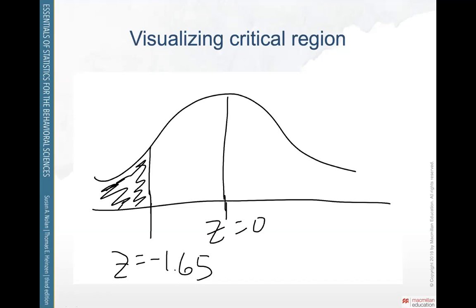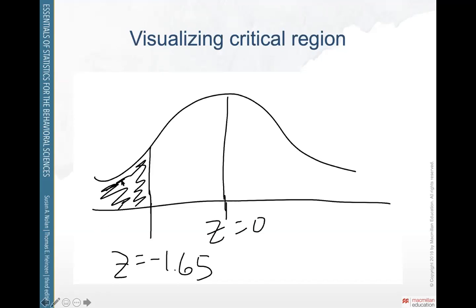Someone tell me, would we accept or reject the null hypothesis? Reject. We would reject the null hypothesis. The z-score that we calculated is over here in the shaded region. It's in the critical region. Therefore, we would reject the null hypothesis.